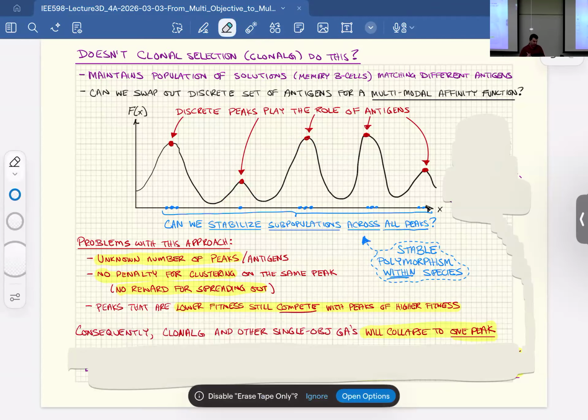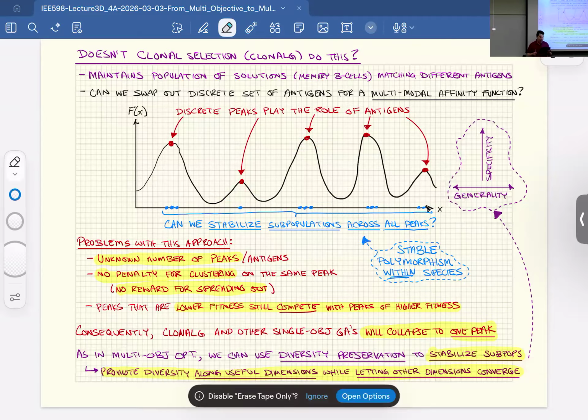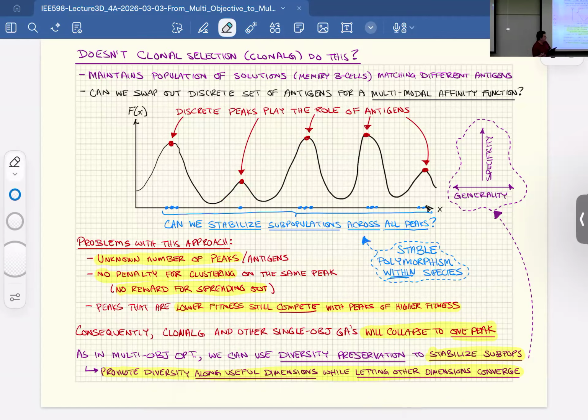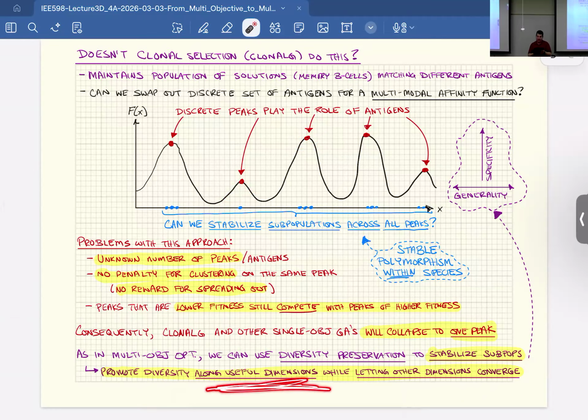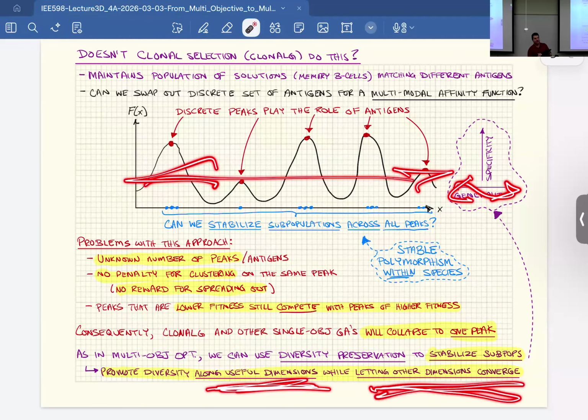So what we're looking for is something different than CloneAlg and other single objective GAs that tend to collapse to one peak. As in multi-objective optimization, we're going to try to use diversity preservation to stabilize subpopulations so that we promote diversity along useful directions. So promote diversity in this direction and let other dimensions converge.